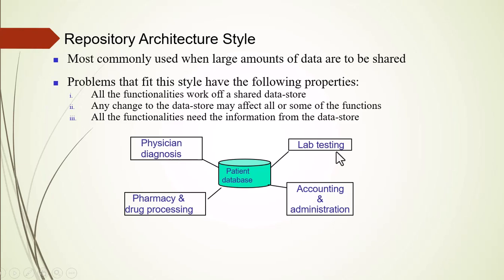Normally these 4 modules are installed on different sites. Whenever a physician diagnoses a patient, the data will come here and be stored in the patient database, and other modules, agents or users can see this physician data.